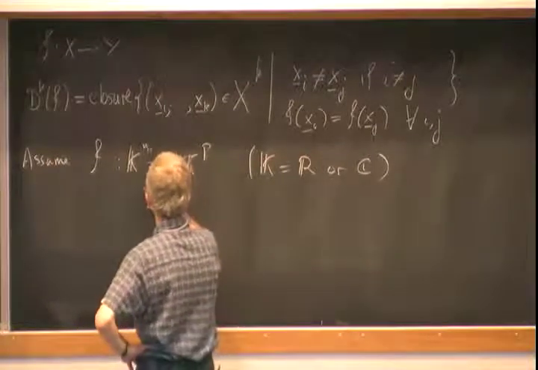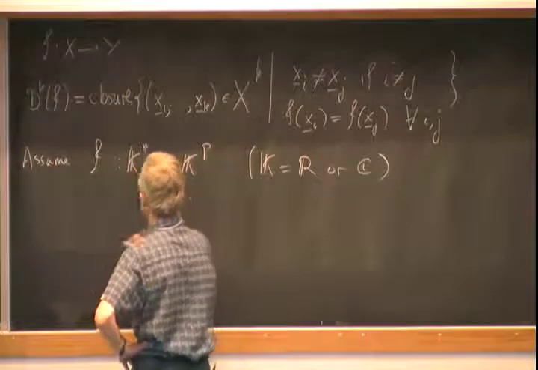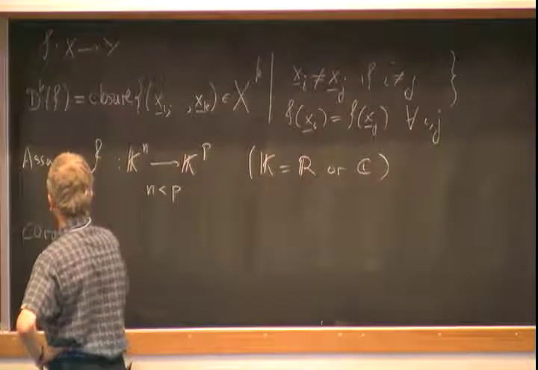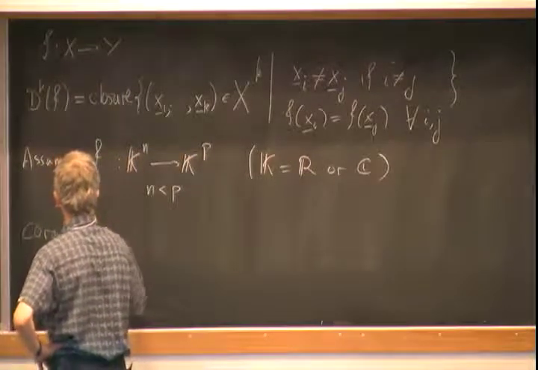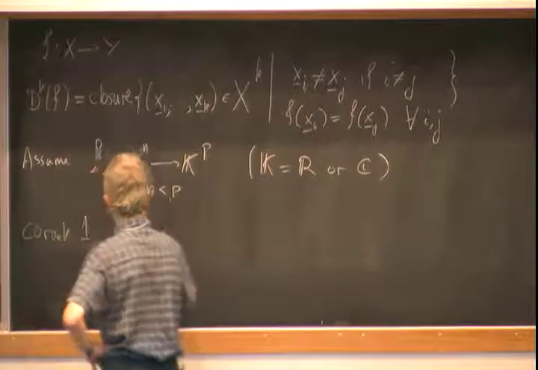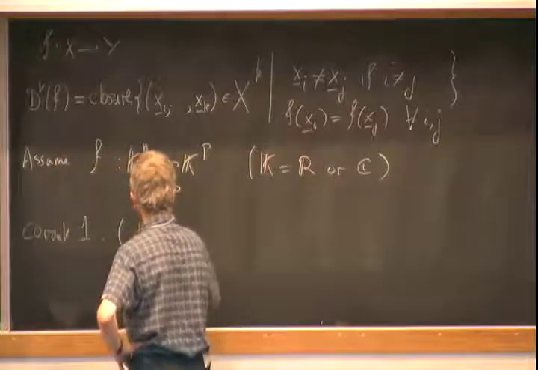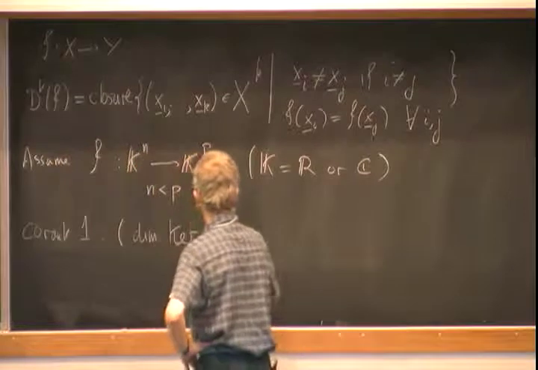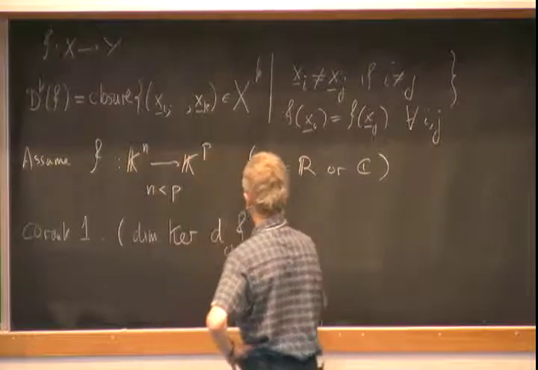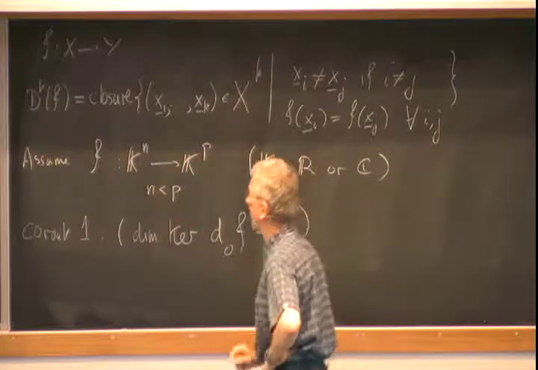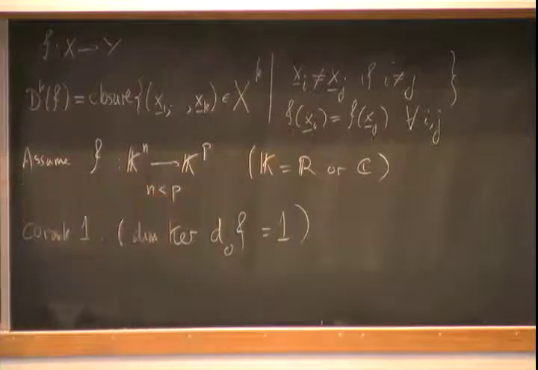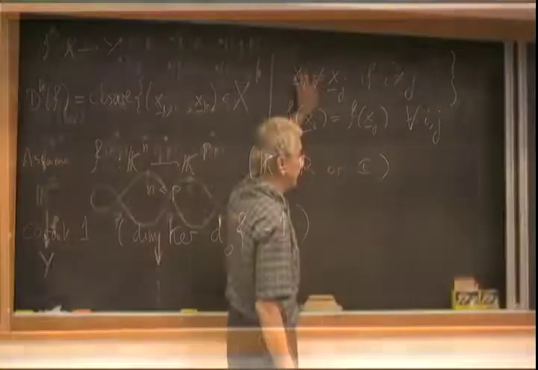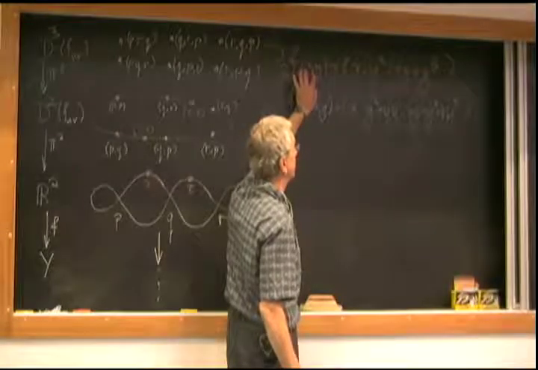And I want n less than p, and I want corank 1. This means that the dimension of the kernel of the differential of f is 1. So that's the situation with this map here. The dimension of the kernel at the origin is 1.